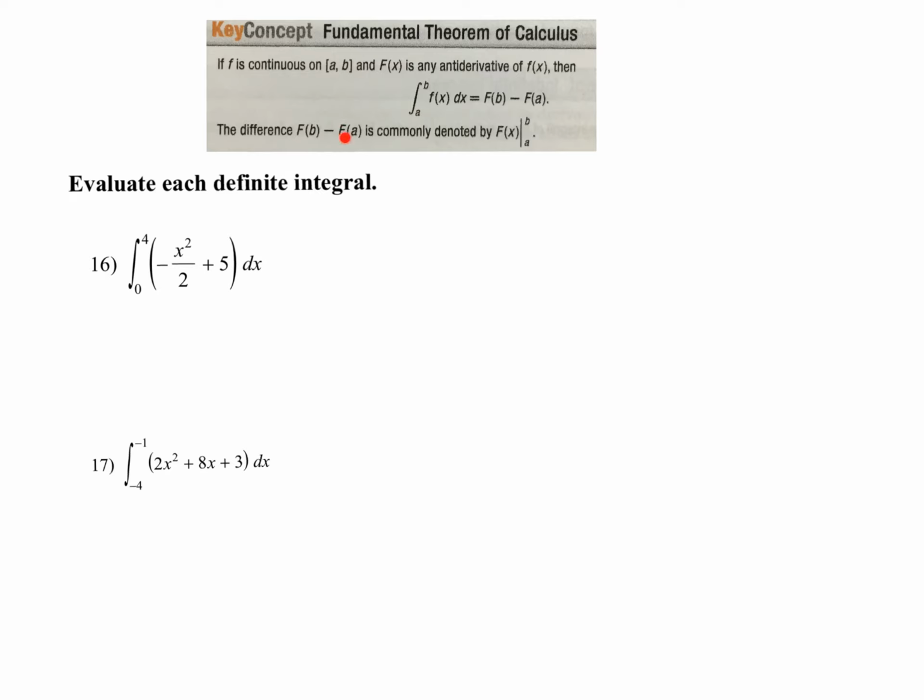So it looks like this. Sometimes we write it like this just to make that a little easier. So let's see if we can go ahead and figure this out. First off, my function is -1/2 x squared plus 5.